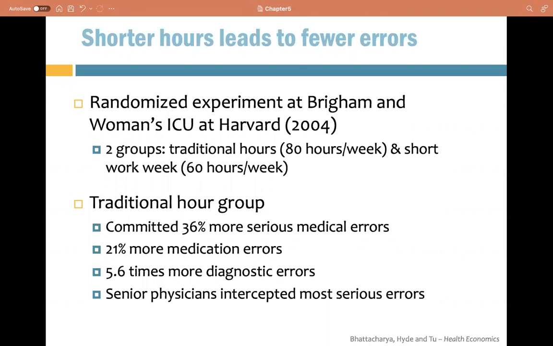We find that comparing treatment and control, the traditional hour group committed 36% more serious medical errors, 21% more medication errors, and 5.6 times more diagnostic errors. Okay, that's 560%. And senior physicians intercepted most serious errors.